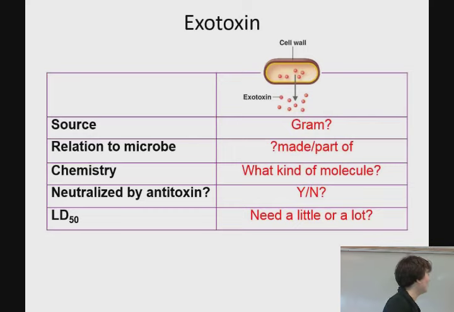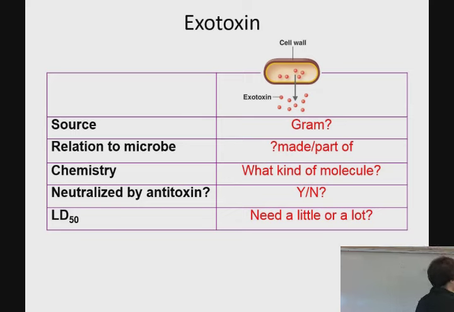And what is the relationship of the toxin to the microbe? It's made by the cell while it's still alive and secreted outside the cell. What kind of molecule is being secreted? What is this, actually? Is it sugar? Is it nucleic acid? What is it? It's a protein encoded by DNA.